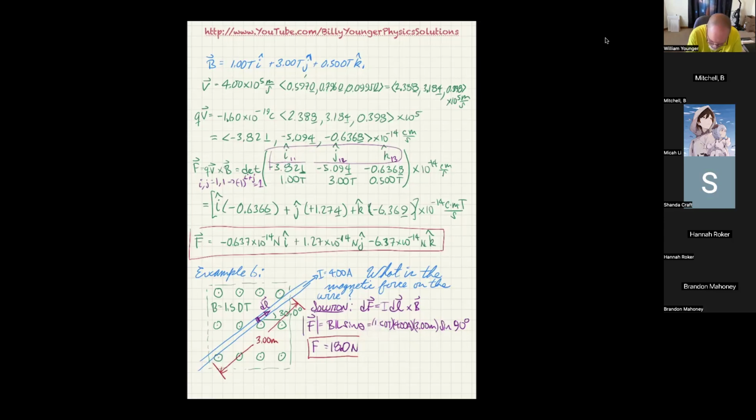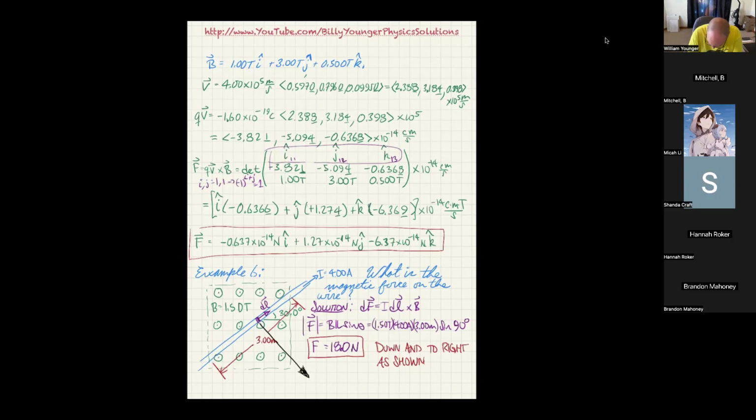So I'm going to say down and to the right, as shown. And I'm going to draw it using a black vector. You could do 60 degrees below the horizontal.